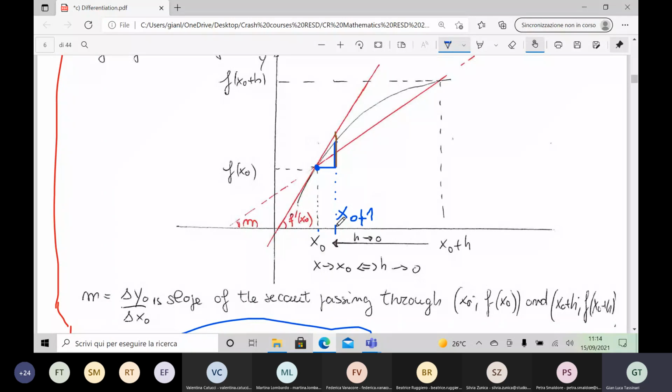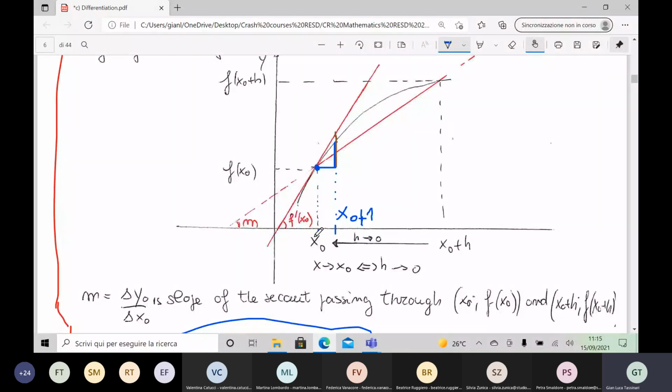On the contrary, I told you that the derivative evaluated at x0, which is the instantaneous growth rate, is the estimated change in the value of f as x passes from x0 to x0 plus 1. Why estimated?